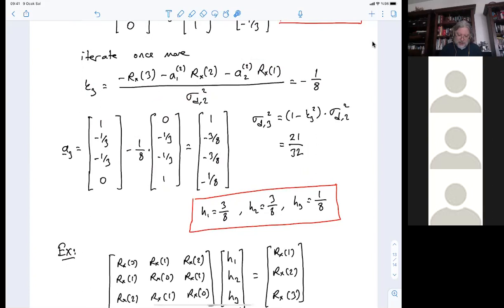You substitute the k value in between, and you come up with the new set of values for the linear filter coefficients. And you are also updating the prediction error, because you will be using this value in the denominator of the next iteration. So that's how it essentially works.